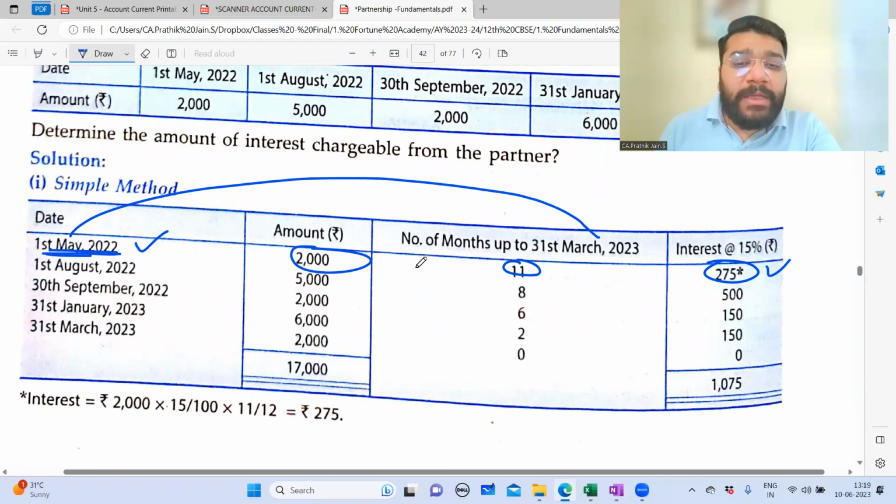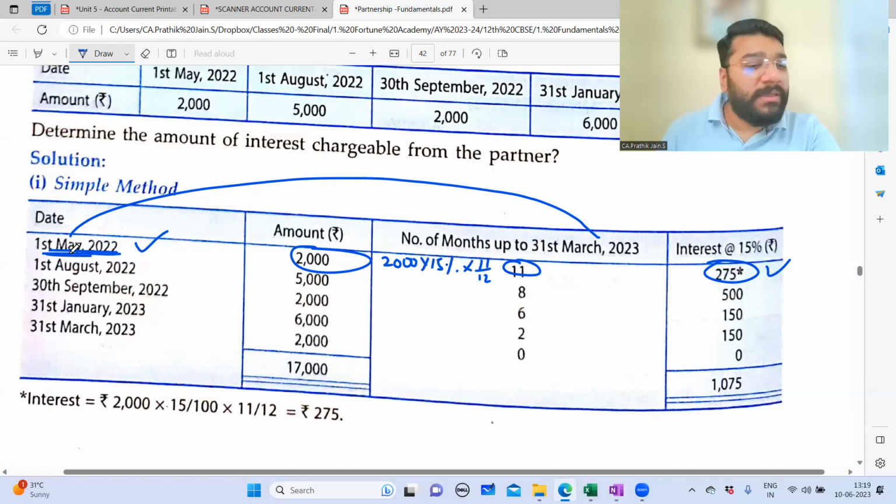So what was the calculation? 2,000 into 11 divided by 12 into what percentage? 15%. Correct, no? Or in other words, 2,000 into 15% into 11 by 12.